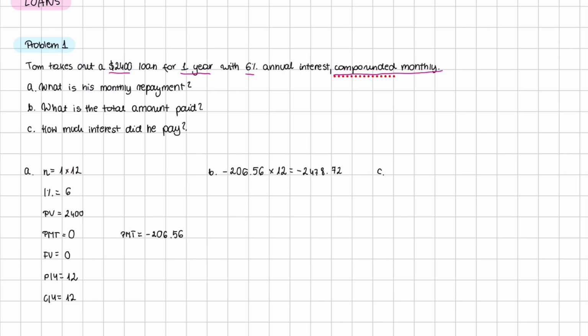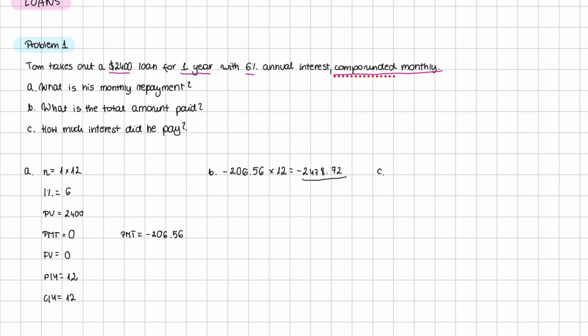And in point C, we have to calculate how much interest did he pay. So our loan was 2,400, and we have to repay this amount of money. And don't worry about minus, it's just information for us that it leaks out of our wallet.